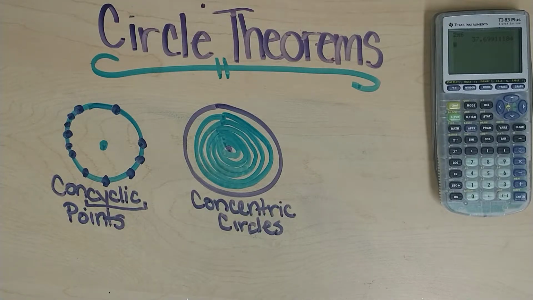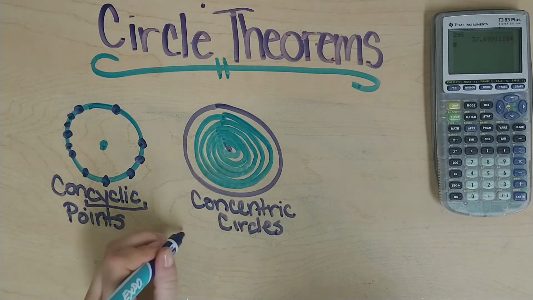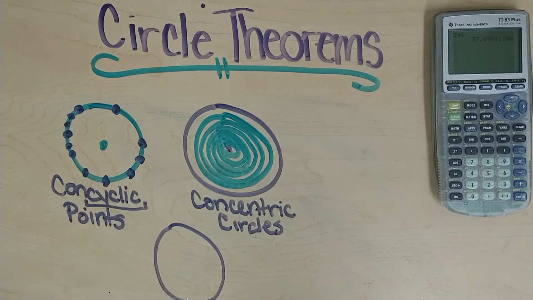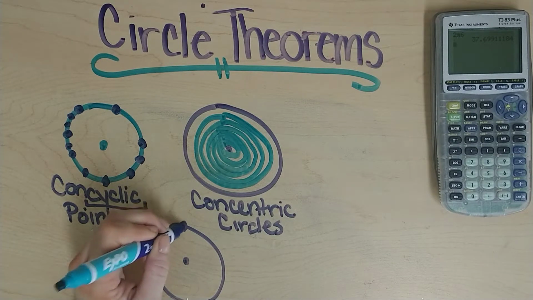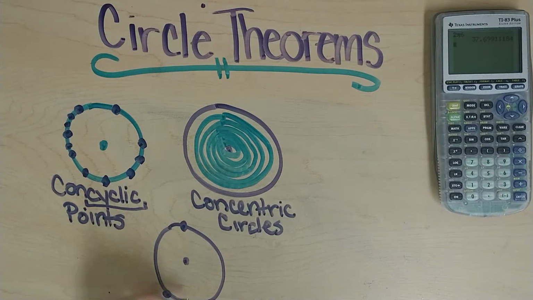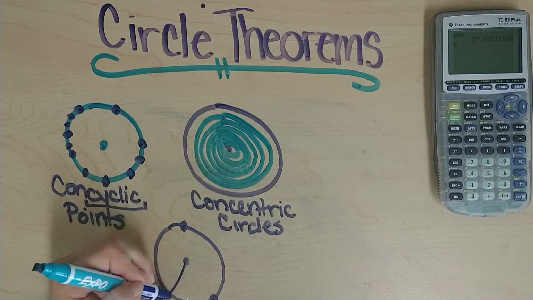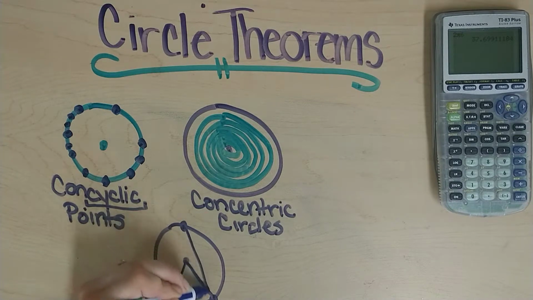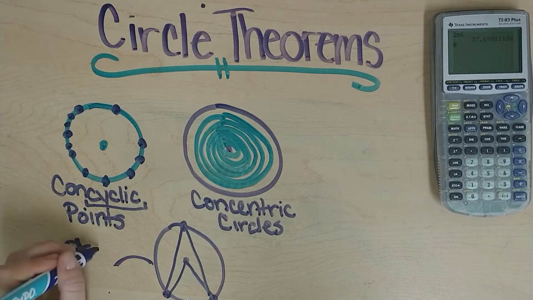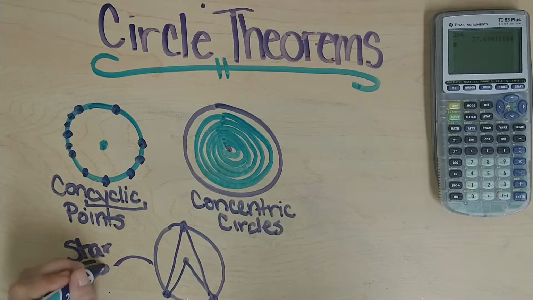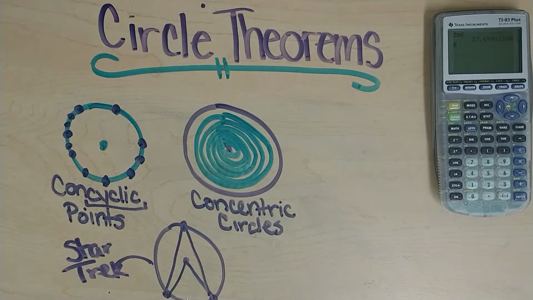Next, we'll be talking about the ideal situation of having a circle with a center point and then points along the circumference. And it turns out to kind of look like that emblem from Star Trek. All right, so the idea is this.